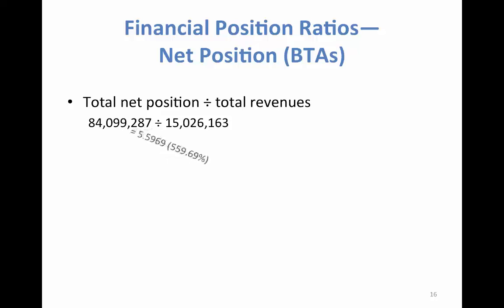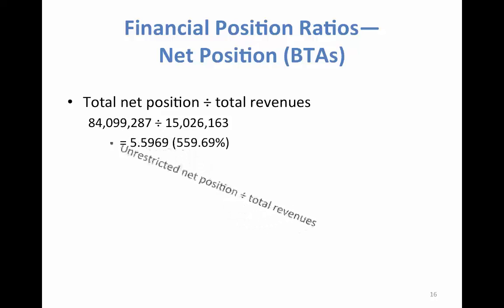So this ratio then is 559, almost 560%. That's a pretty healthy, pretty robust ratio. It means that they've got well more than 5 times more net position than revenues, and that certainly looks a heck of a lot healthier than the sort of even match of net position to revenues that we saw for the primary government as a whole, for the governmental activities.